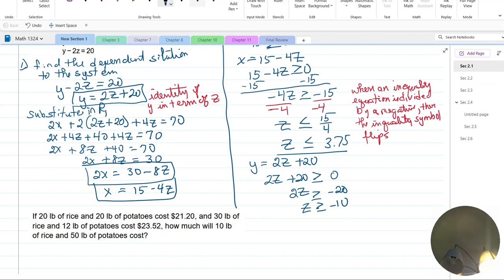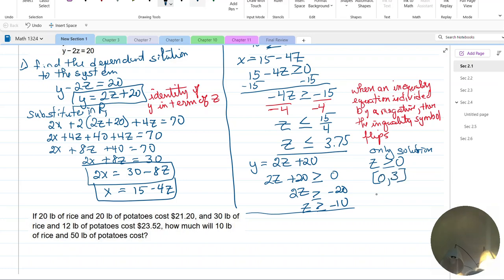Well, we said they can't be negative, right? So I've got z is greater than negative 10. So we know then that the only solution for z greater than or equal to 0 is 0 to 3, because it has to be a whole number.